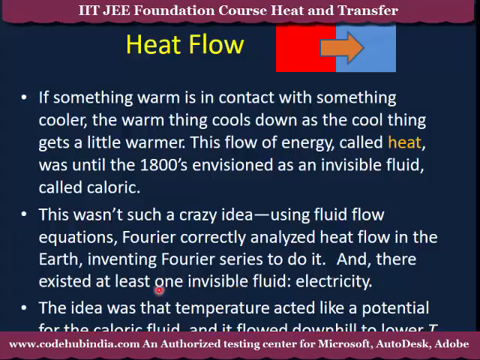There is at least one invisible fluid, that is electricity. The idea was that temperature acted like a potential of caloric fluid. The potential of the water is the mass of the water times gravity times height.